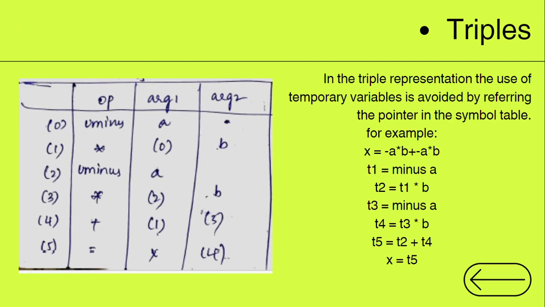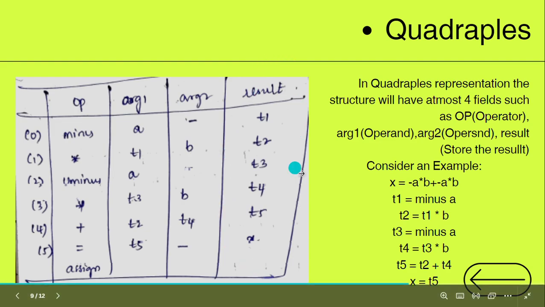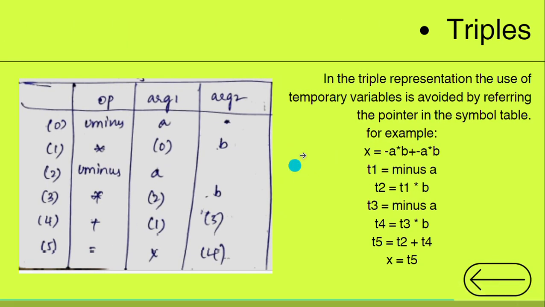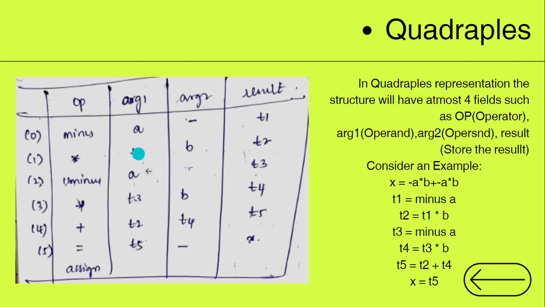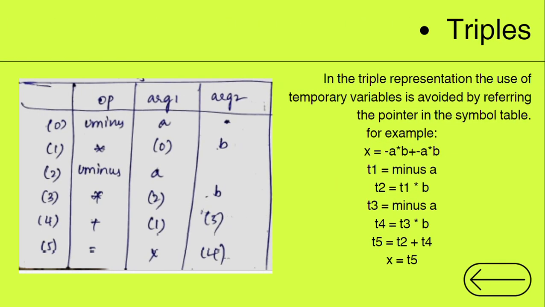Triples: we have to avoid that result part, like in the previous slide we had this result thing, right? Now we are going to avoid it. Here we took T1, T3, T2, T5 and all, but we are not going to take it in this form; we are taking the pointers view. We are storing it in a pointer.